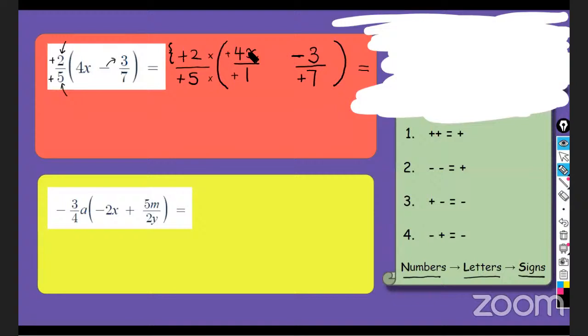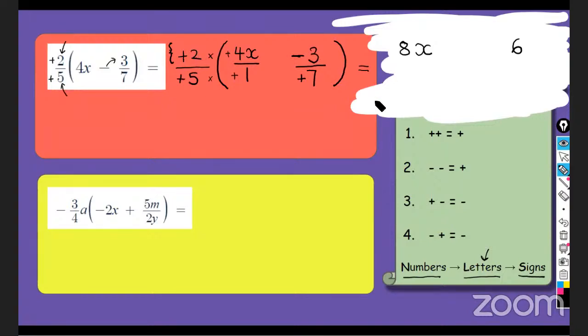2 by 4 is what? 8. 2 multiplied by 3 is what? 6. Who's next on the list? After the numbers, the next is letters. When you were multiplying the 2 and the 4, the letter involved was X. And when you were multiplying the 2 by the 3, were there any letters?